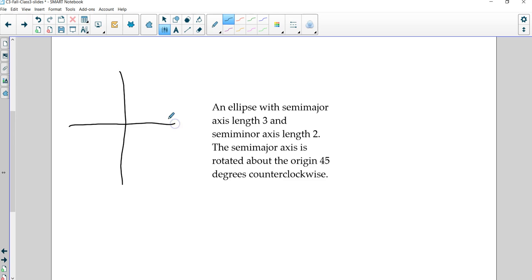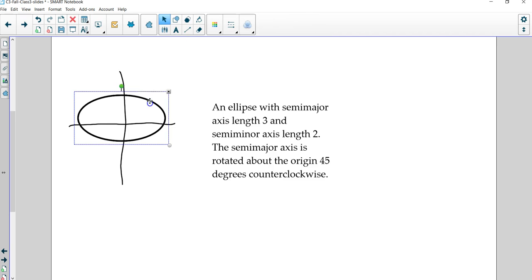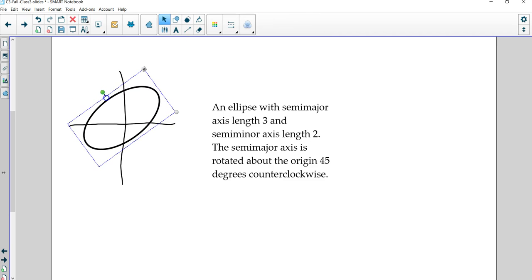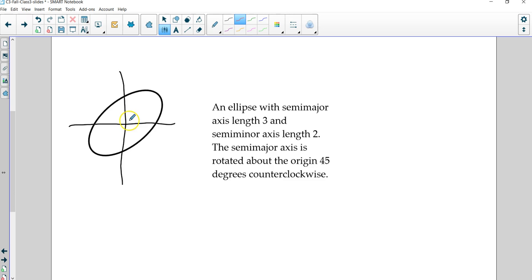All right, so what we should have is an ellipse, and I'm going to cheat here, I'm going to use the ellipse tool. So we're going to have an ellipse, and it's going to be rotated 45 degrees, something like that. And so I know that we have a semi-major axis length of 3 and semi-minor axis length of 2. Okay, so that's kind of my diagram.